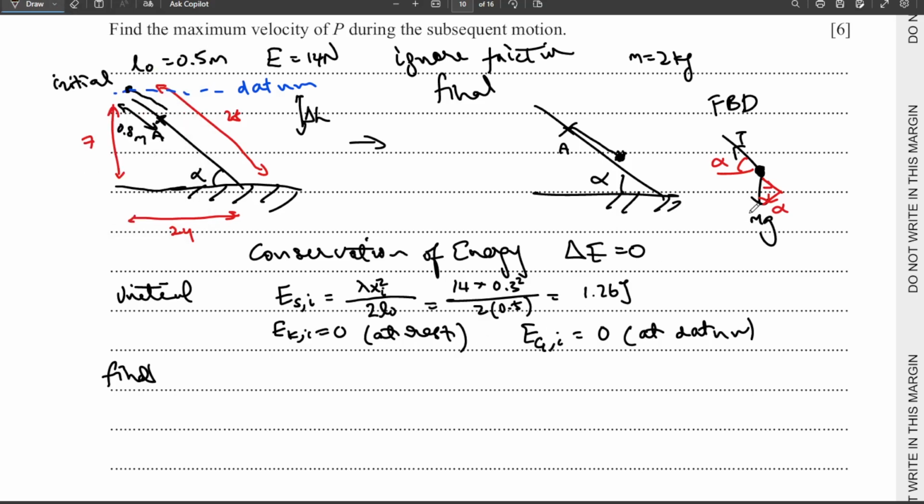So the alpha is there, and at Vmax, the spring and the particle will be at equilibrium.